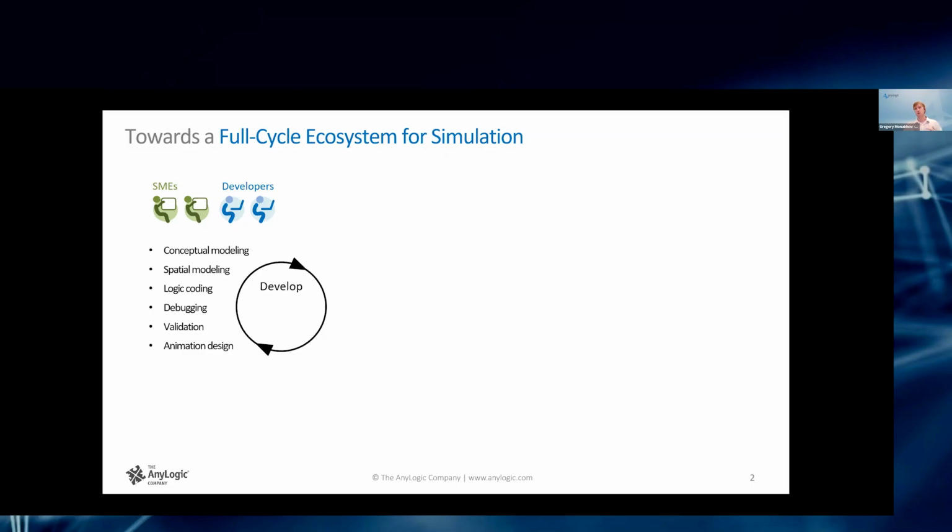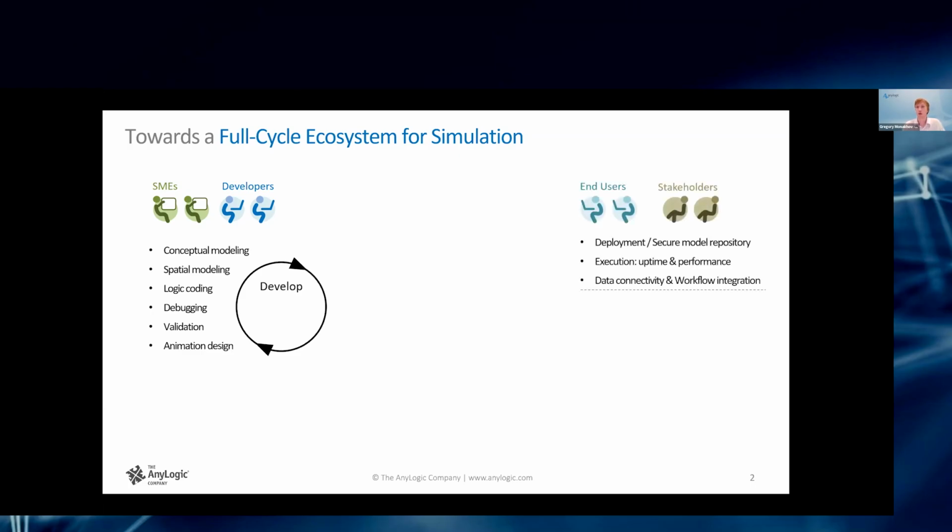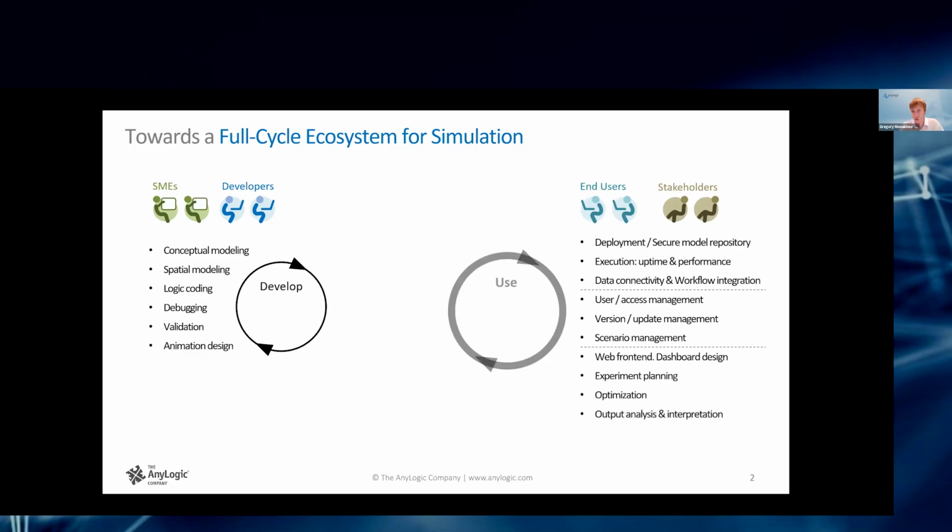Here we discuss how the model should be built, what issues it should solve, how we debug it, how we design animation, and so on. And there is the second cycle, where we have not model developers, but model users who run the model.